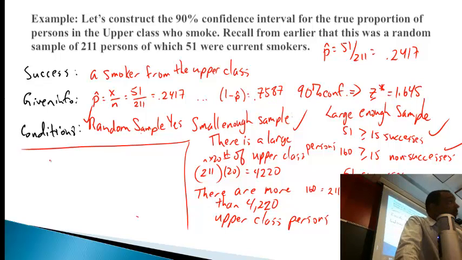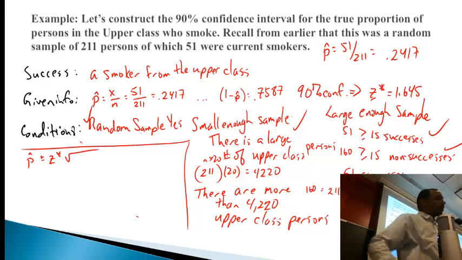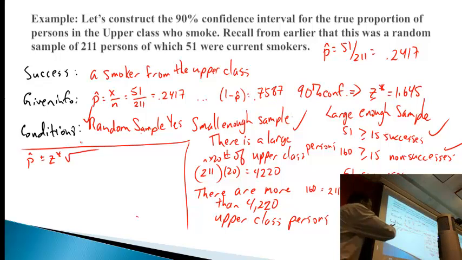So the formula is p hat plus or minus some z-score, and I'm going to write this out the way you would type it in your calculator. So I'm going to write it out laterally, okay?